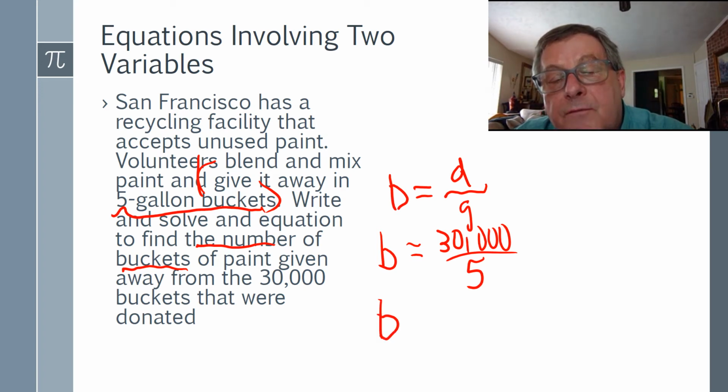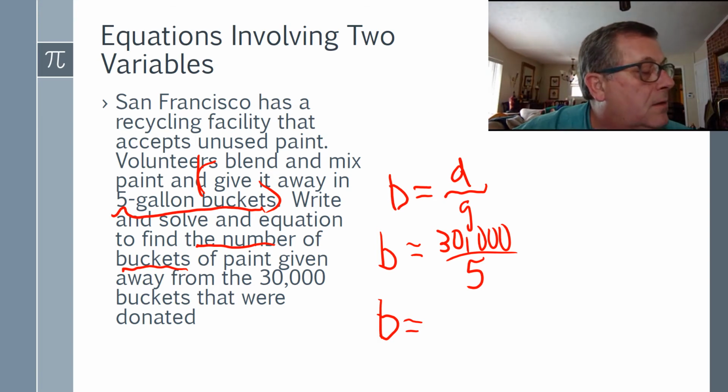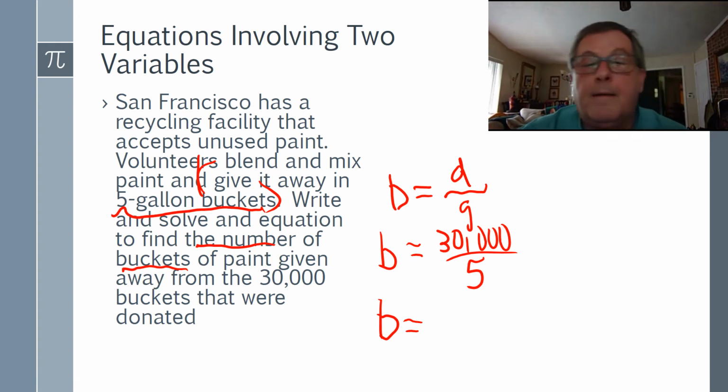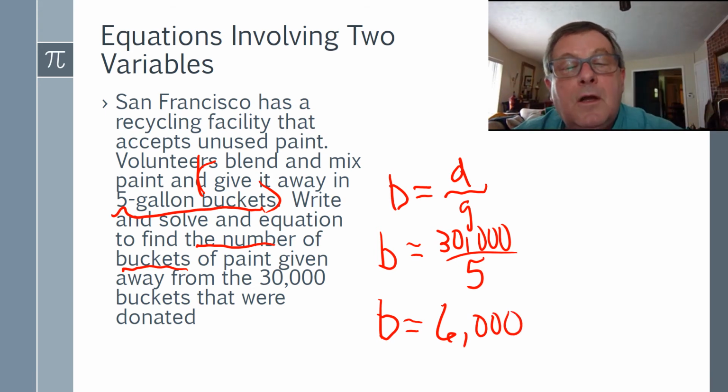And so we're going to give away, let's see, how many we've got here? 6,000 buckets. Yeah, 30,000 divided by 5 is 6,000. So we're going to give away 6,000 buckets.